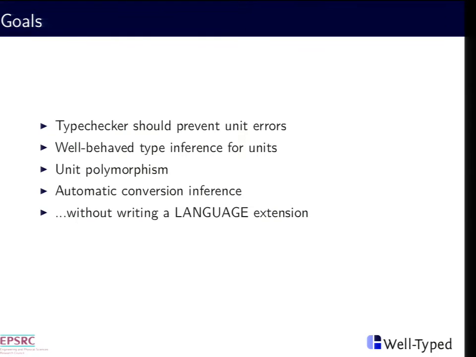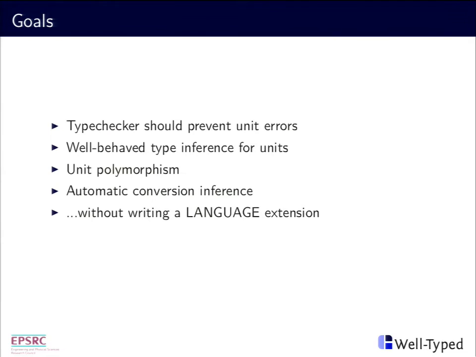So what we want to try and do is have a system whereby the Typechecker can prevent these kinds of unit errors, can stop me from adding something measured in meters to something measured in feet. And moreover, as Java was hinting at earlier, we really want type inference behavior. I don't want to have to annotate every single time I write a number in my program, or an expression which manipulates numbers.